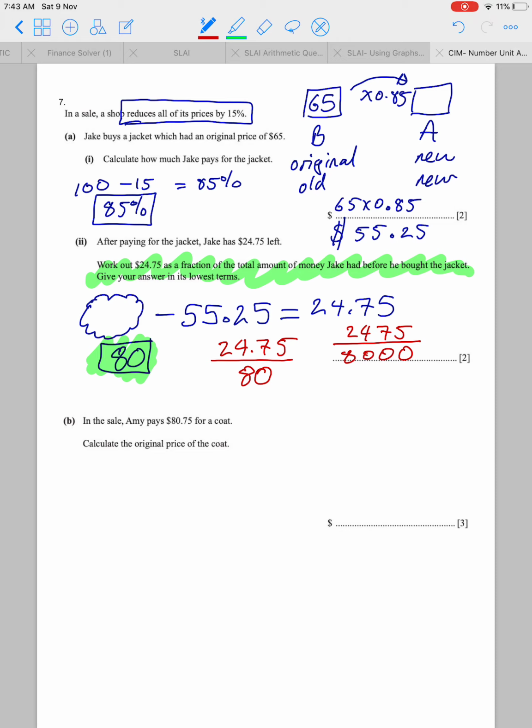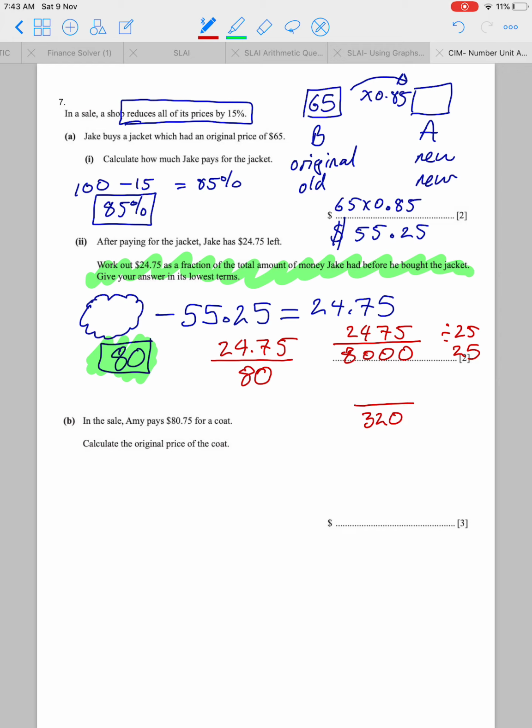You know that the top and bottom will divide by 5 because it ends in a 5. You can also see that maybe the top and bottom divide by 25. Four 25s is 100, so 40 is 1,000. So this would be 320 on the bottom.